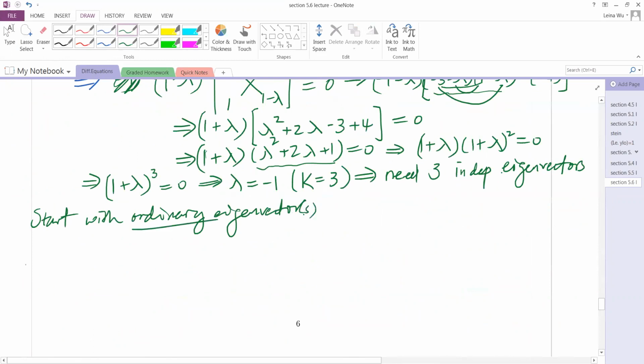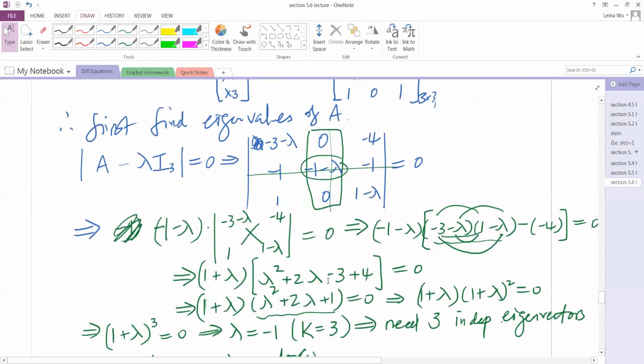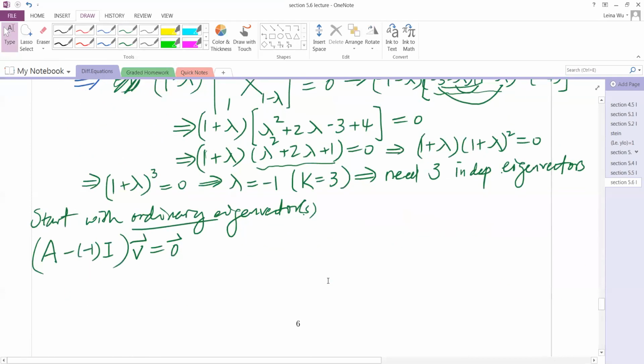So we go A minus lambda I, which is A plus I, times v equals 0, right? You guys with me? Okay.